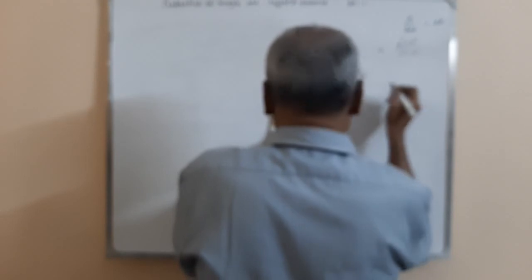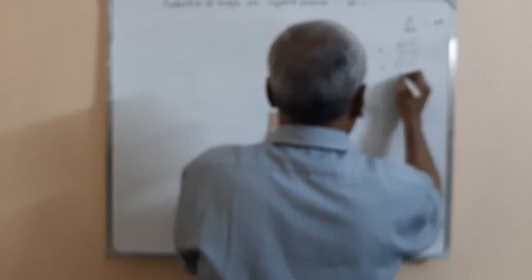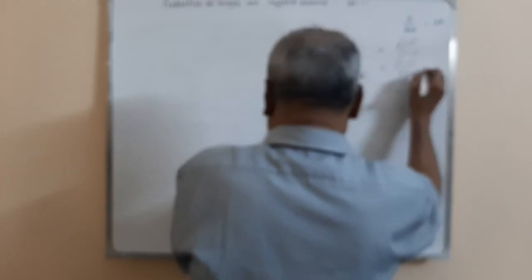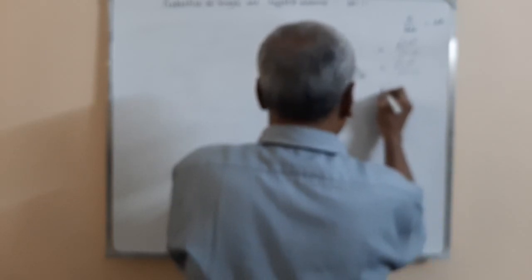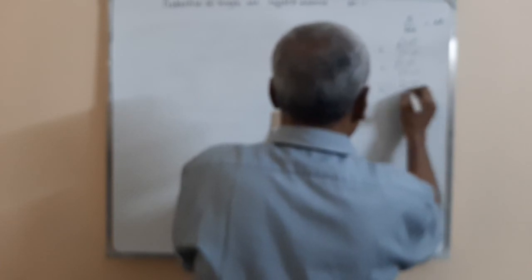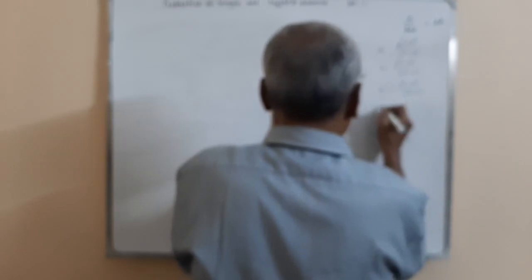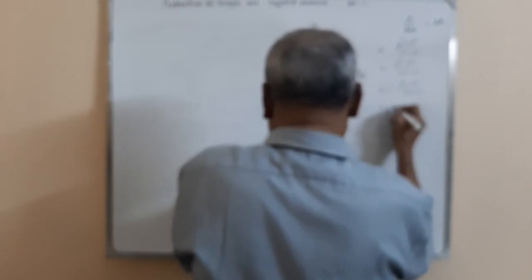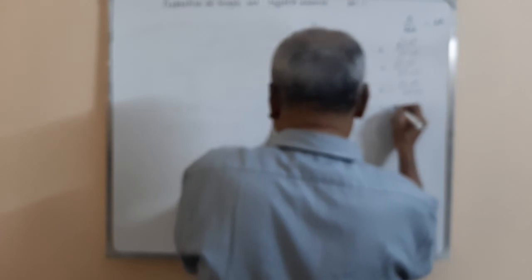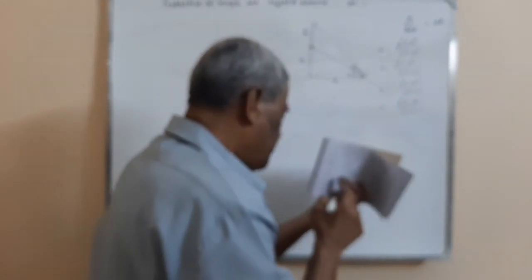Second option is a into a square minus b square. Third option, b into a square minus b square by a square plus b square. And fourth option is a into a square plus b square by a square minus b square. These are the four options.